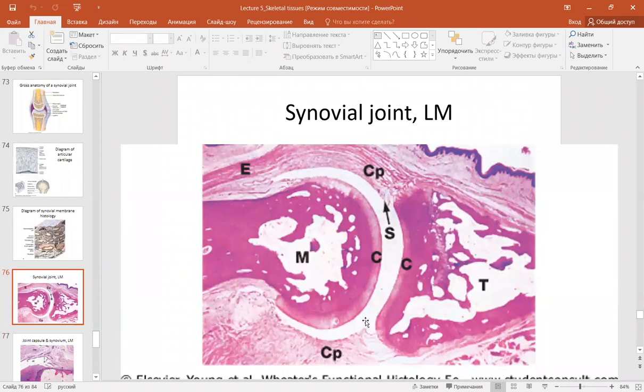Here is the light micrographic representation of the synovial joint with the synovial membrane, the synovial cavity, and the red bone medulla in the epiphyseal part. This is the capsule, these are trabeculae, and this is the articular cartilage of the joint.